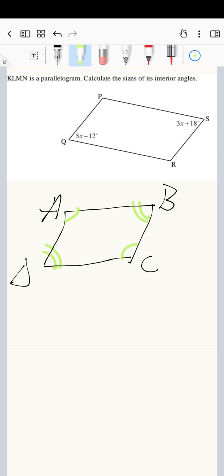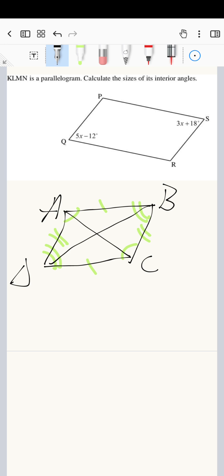Other things that are true: these opposite sides are equal to each other because it's a parallelogram. All of those things that I've mentioned are true, and you know it because you've been told that this is a parallelogram. Now, if we draw in some diagonals, then we know additional things are also true.